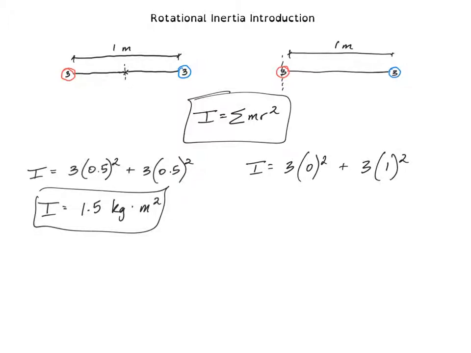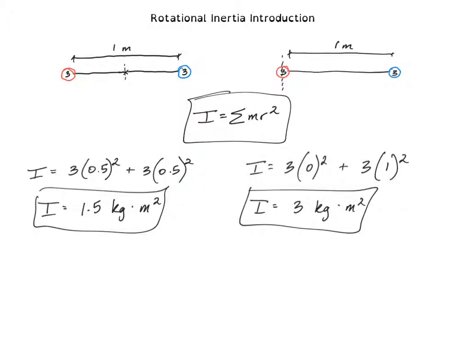Okay, so here we go. That's a pretty easy calculation. We end up with 3 kilograms times meters squared. So these are two relatively easy examples, just looking at two point masses at some distance away from an axis of rotation, and based on the orientation, it affects that moment of inertia quite a bit.